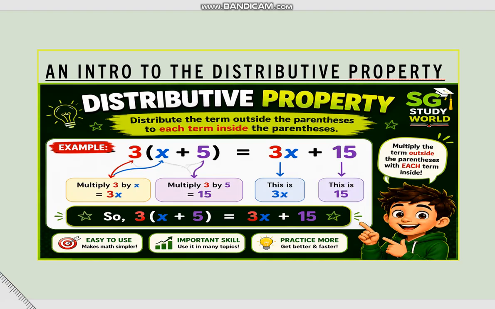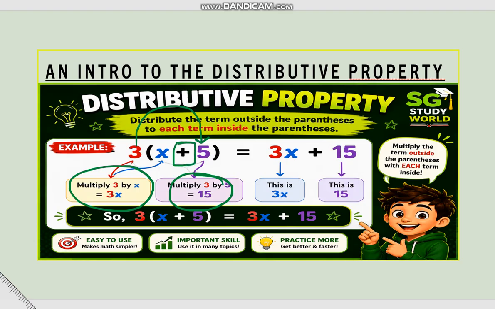Let's see it once again to understand it even better. So 3 is being multiplied to x. When you multiply 3 with x, you get a 3x. And then 3 is multiplied to 5. When you multiply 3 with 5, you get a 15. If we see carefully, there is a plus sign in between.